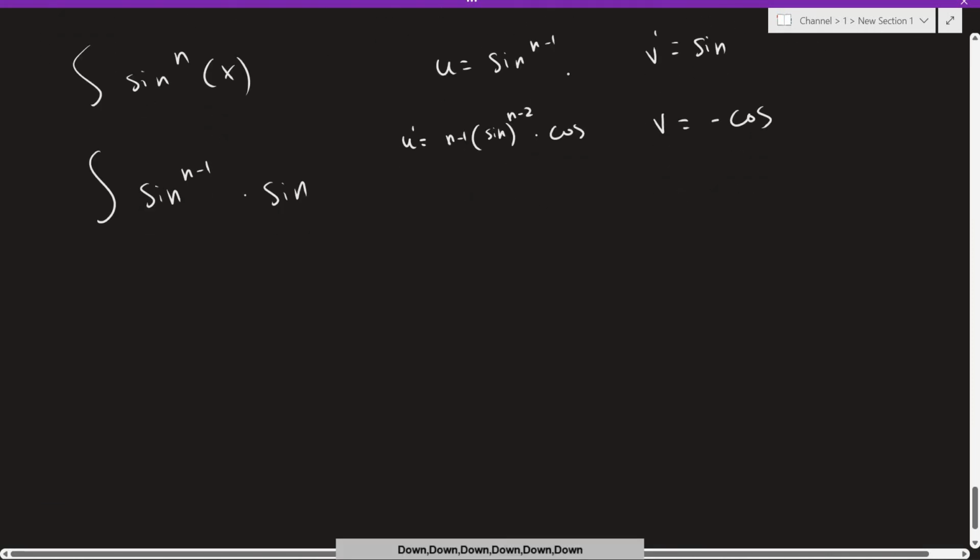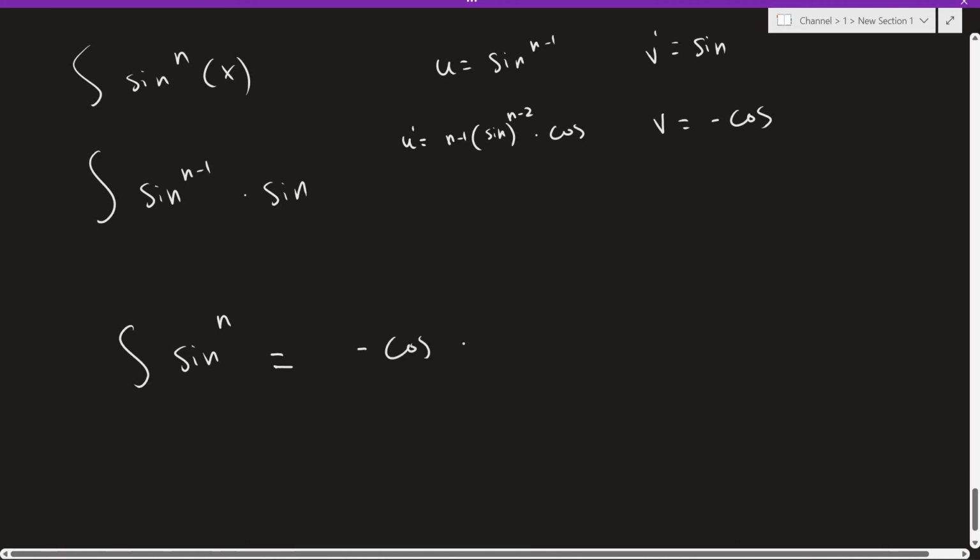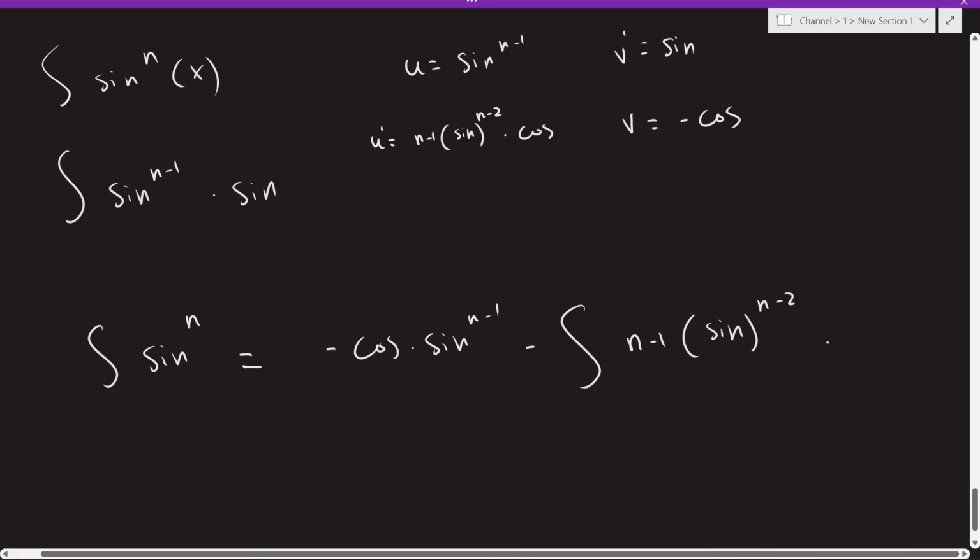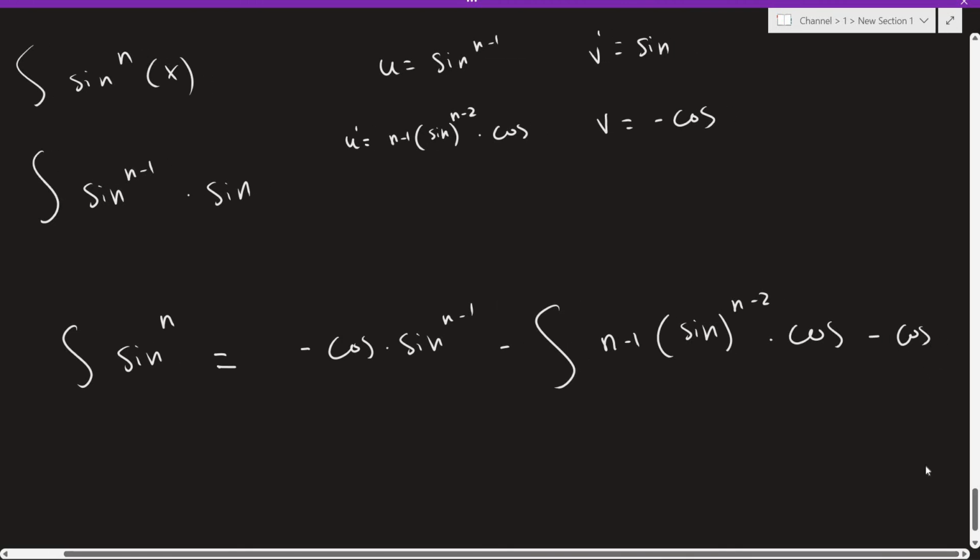So apply the formula, which is uv prime, sin^n actually, because sin^(n-1) times sine is sin^n, is equal to uv, which is negative cosine sin^(n-1), and minus the integration of u prime times v, which is n minus 1 times sin^(n-2) times cosine times negative cosine.